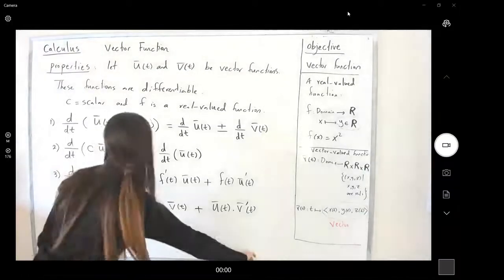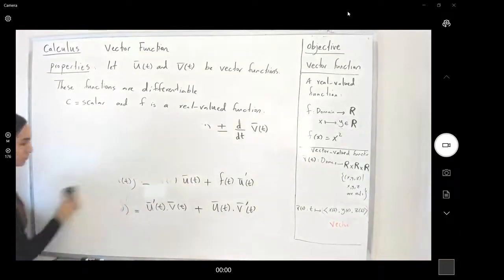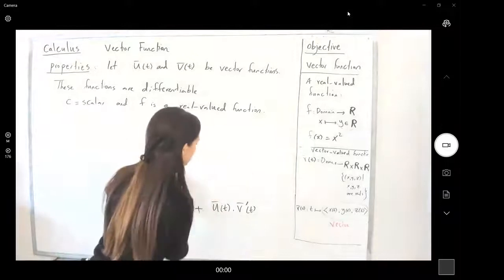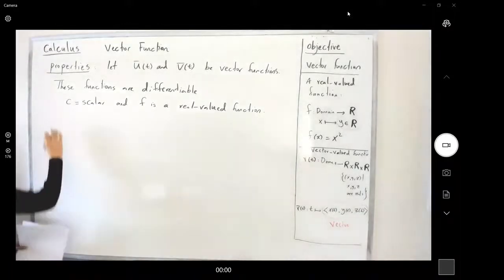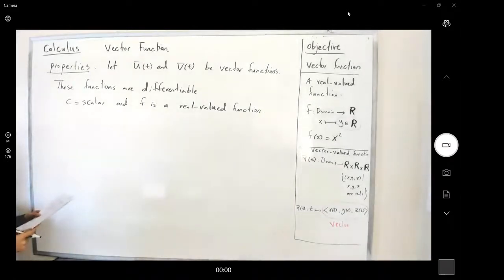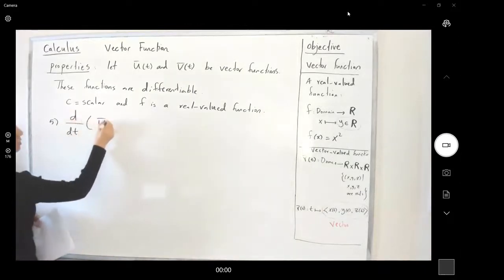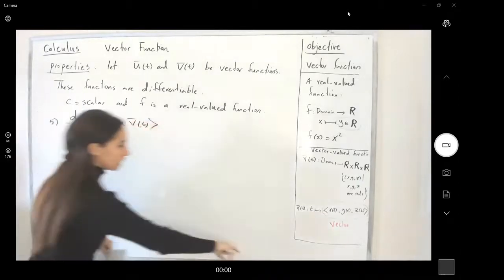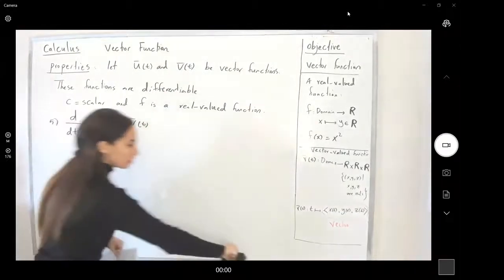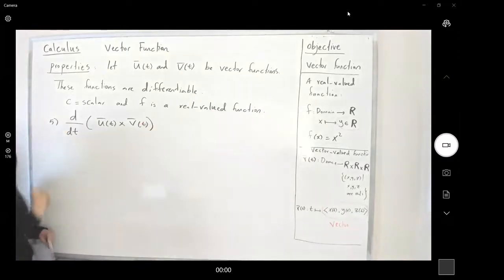Well, what if we have the cross product between the two vector valued functions? So this is number 5. If you have the cross product between u and v, remember that these are all vector functions. It means that we can actually form the dot product and also form the cross product. But how do we take the derivative of the cross product?